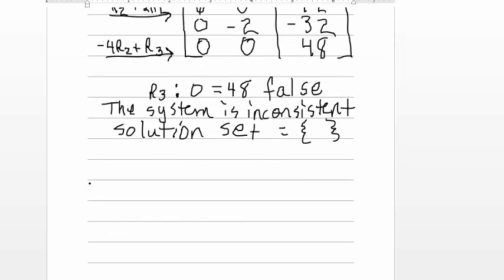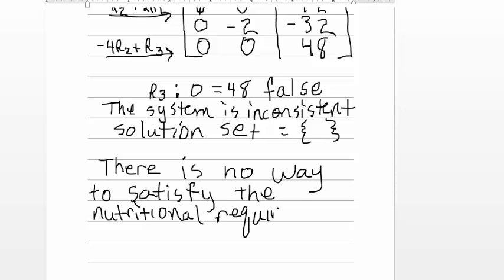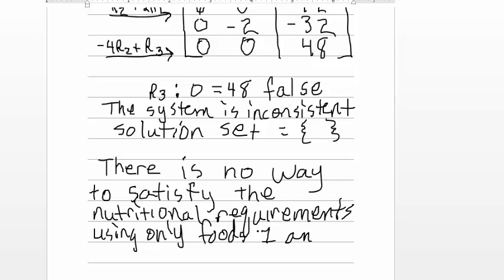Now, what does that mean with respect to this application that we're doing? The fact that there aren't any solutions tells us there's no way to satisfy the nutritional requirements using only foods 2 and 3.